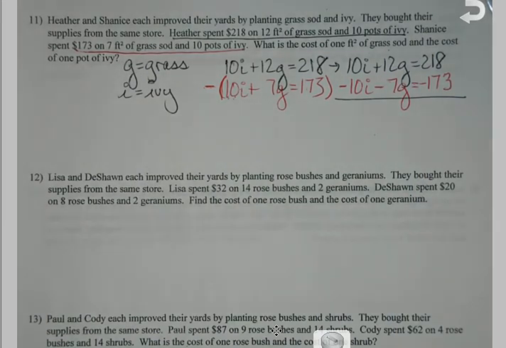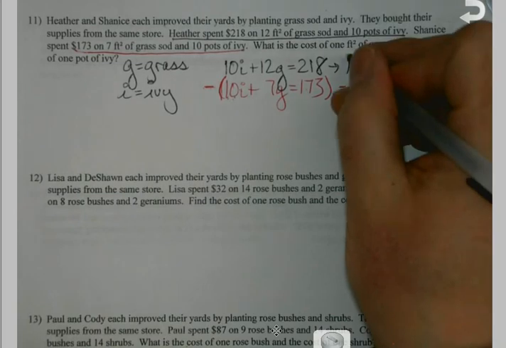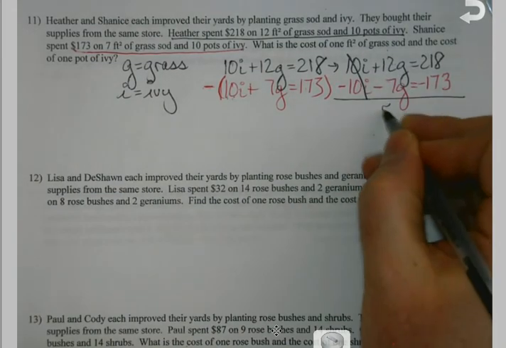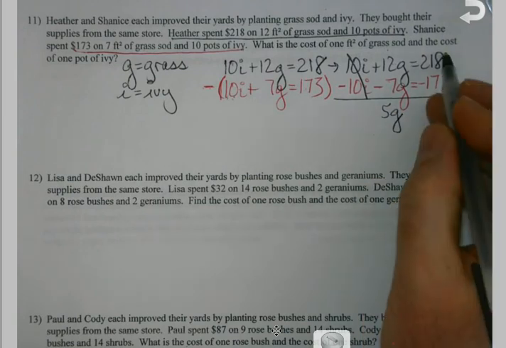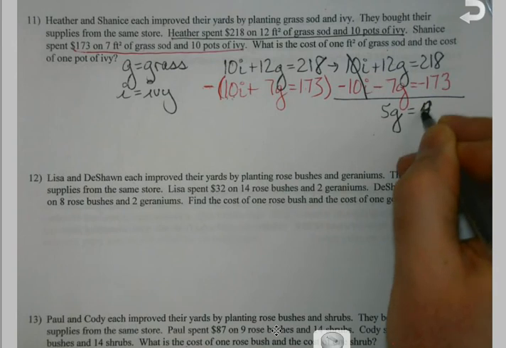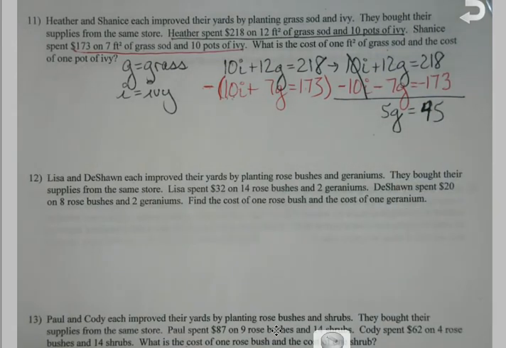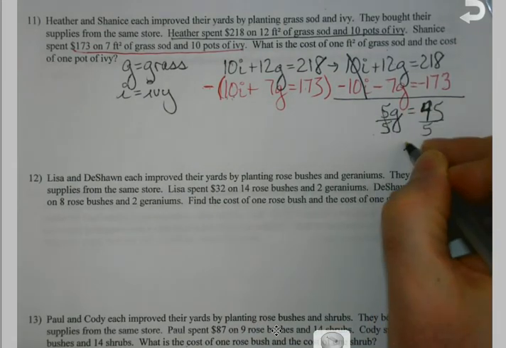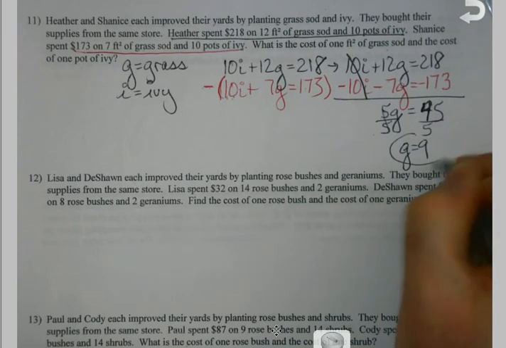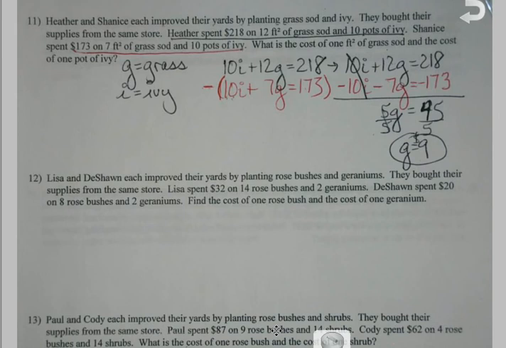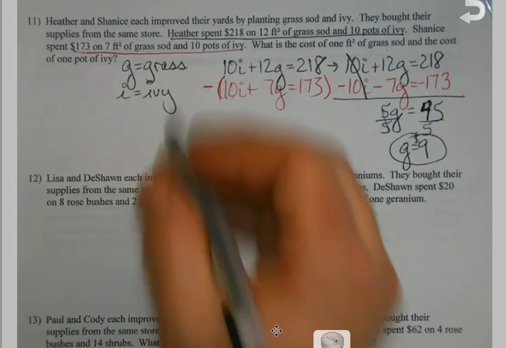When I add down, 10 and negative 10 cancel. 12 plus negative 7 is 5. 218 minus 173, oops, I almost messed that up, is 45. And then I just do my last step of dividing. So it looks like we're buying, so we got $9 for a square foot of grass sod. Whew, that seems a little pricey.